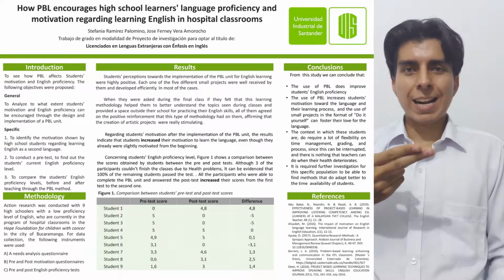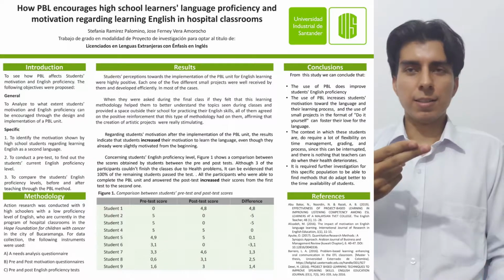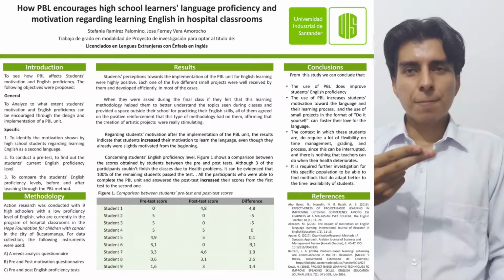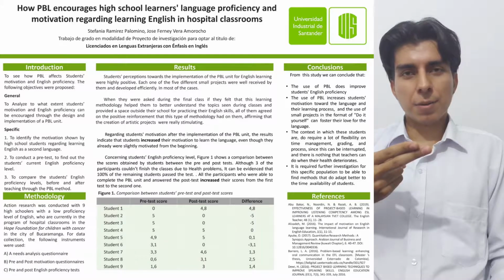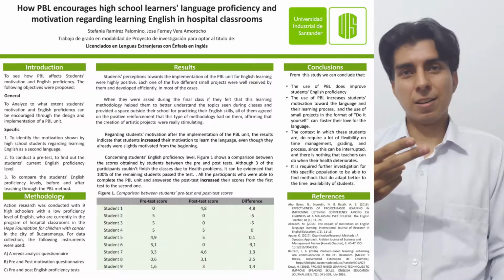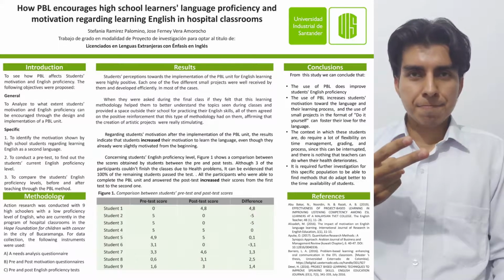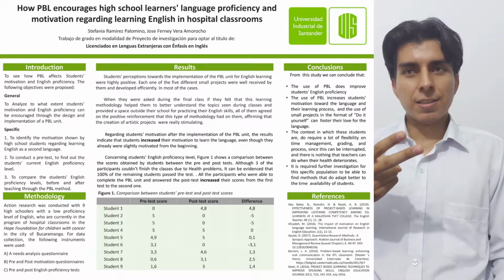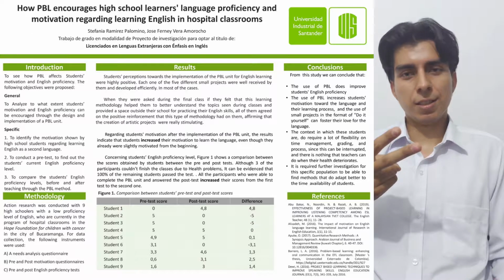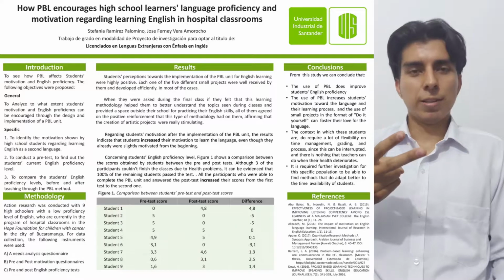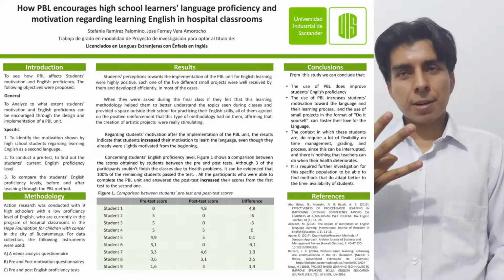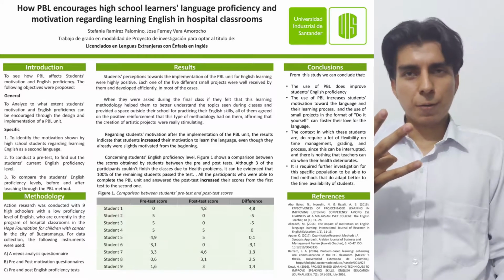Second, when students were asked during the final class if they felt that this methodology helped them better understand the topics seen in classes and provided a space outside their schools for practicing their English skills, all of them agreed on the positive reinforcement this methodology had on them, affirming that the creation of artistic projects was really stimulating.